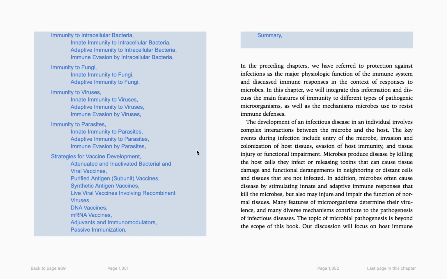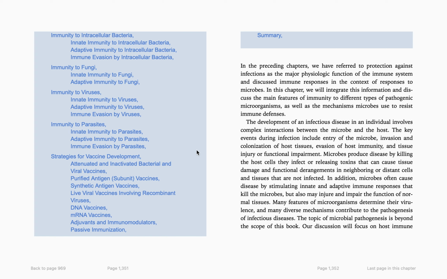The key events during infection include entry of the microbes, invasion and colonization of the host tissue, evasion of the host immunity, and tissue injury and functional impairments. Microbes produce disease by killing the infected host cell, or releasing toxins that can produce tissue damage and functional derangement in neighboring or distant cells and tissue that are not infected.